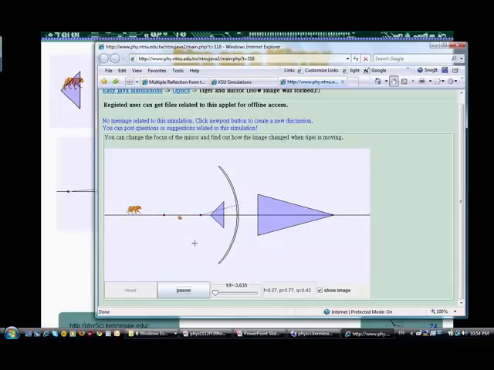Okay, let's go back, real images, and then inverted. You see at the focal point, we have an infinite image. That's what you see as really a huge thing there.